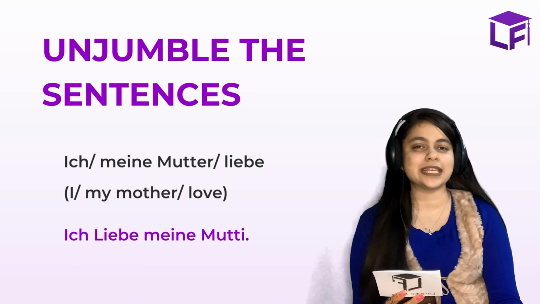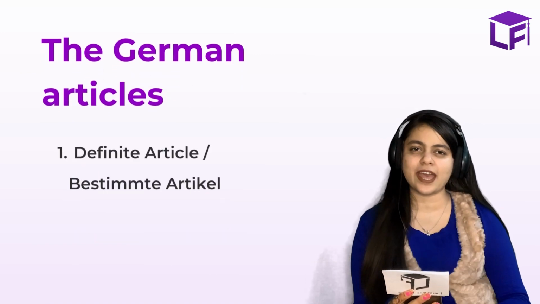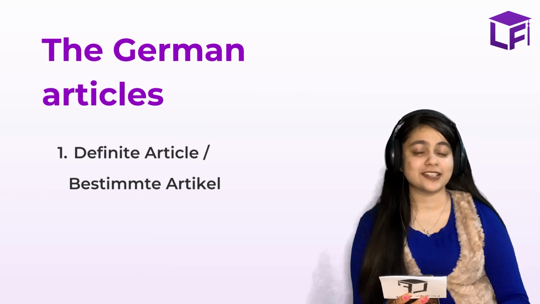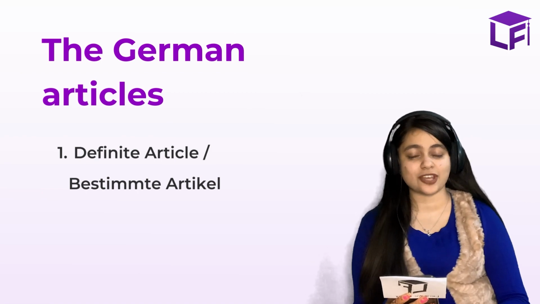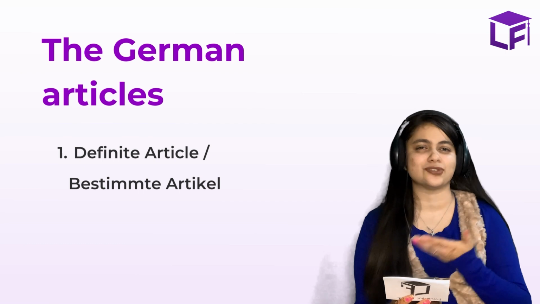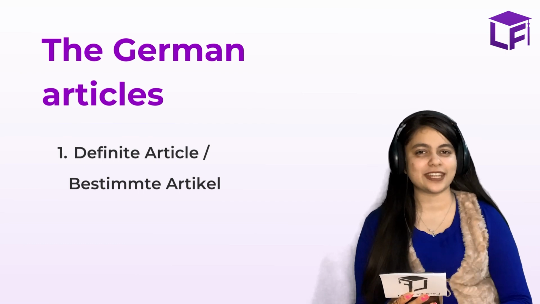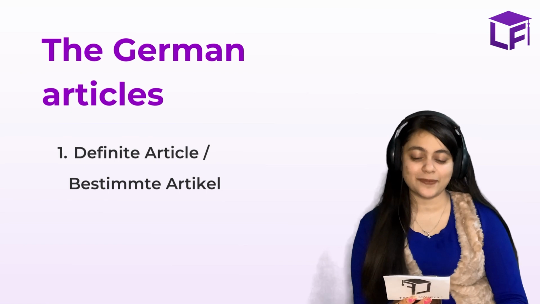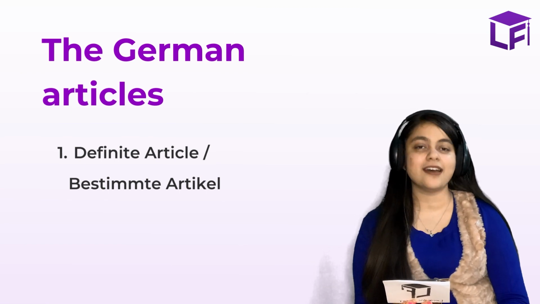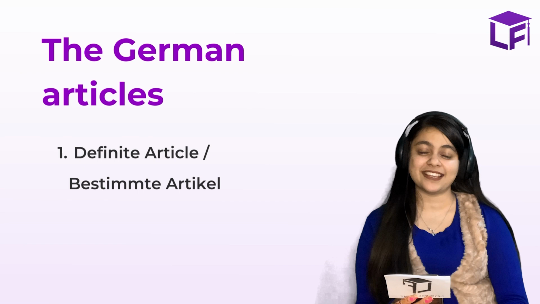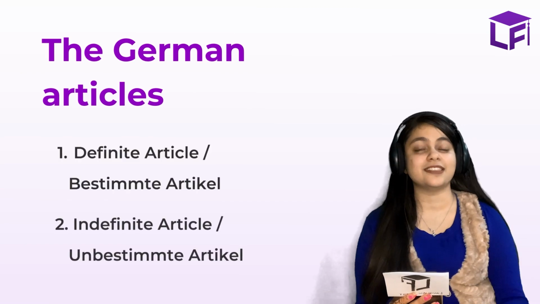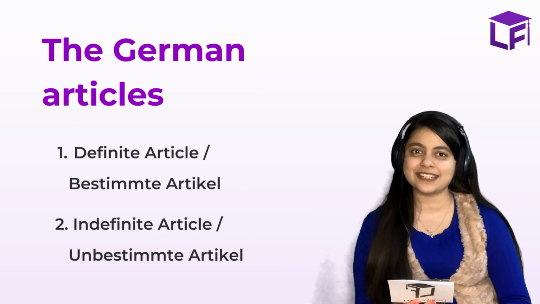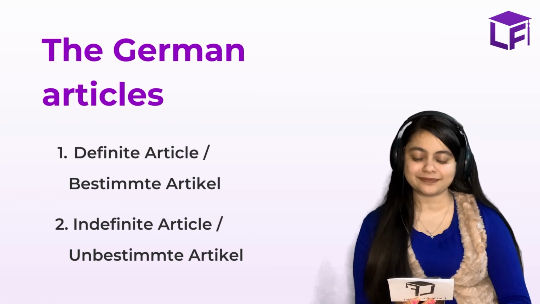Okay, with this done, let us move ahead and learn the German articles. So, the articles in the German language are divided into two parts. The first one can be said as the bestimmte articles or the definite articles, and the other one is the unbestimmte articles or the indefinite articles.